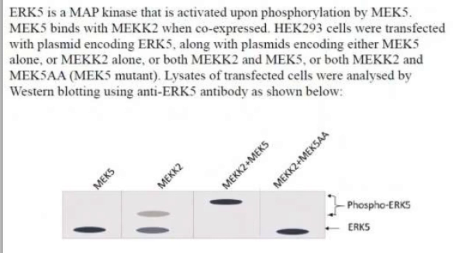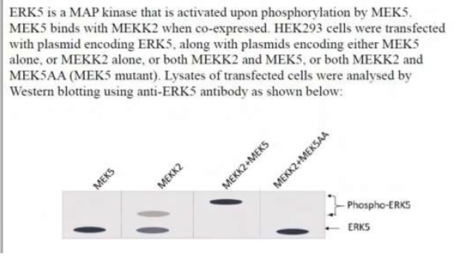Now coming to the next one. ERK5 is a MAP kinase that is activated upon phosphorylation by MEK5. MEK5 binds with MEKK2 when co-expressed.